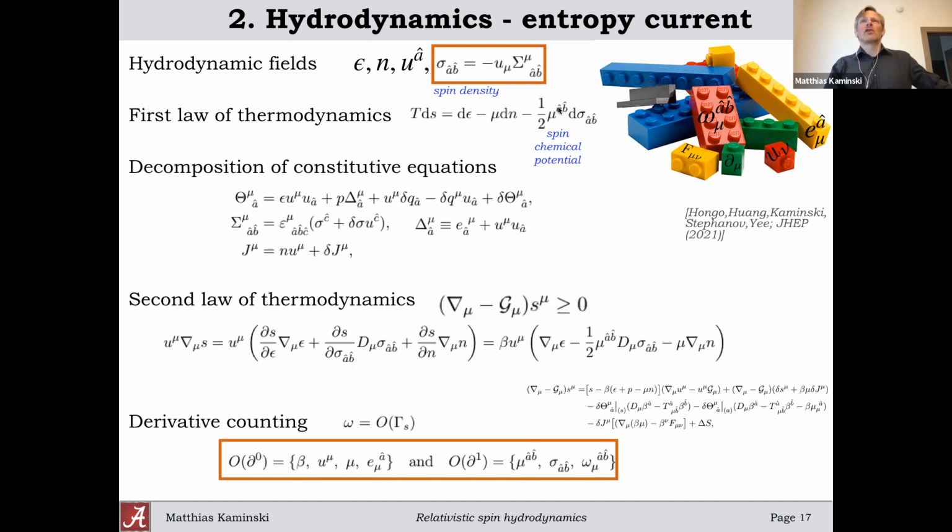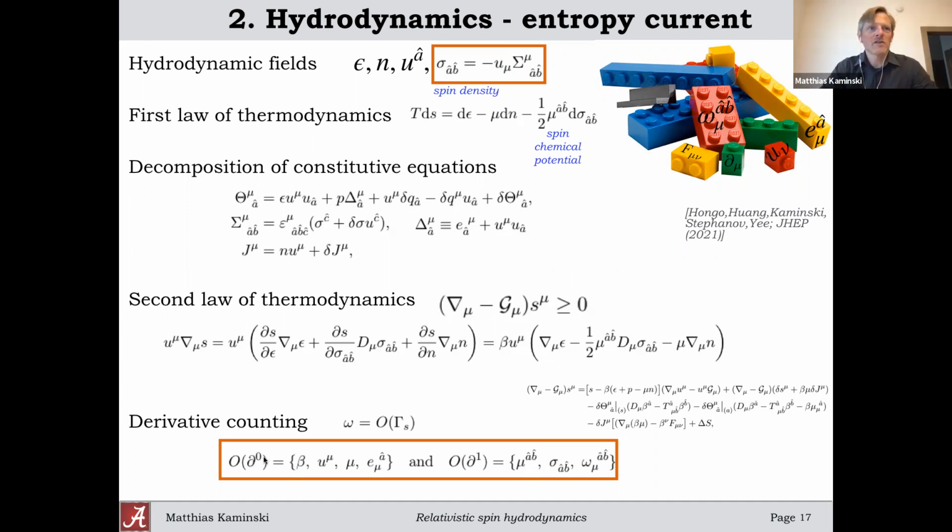Another point is that this hydrodynamic field, the spin density, needs to couple to a spin chemical potential in the first law of thermodynamics. That is a contribution that shows up just like the chemical potential for a conserved charge. And then you will see that the second law takes a certain form, which I will skip.